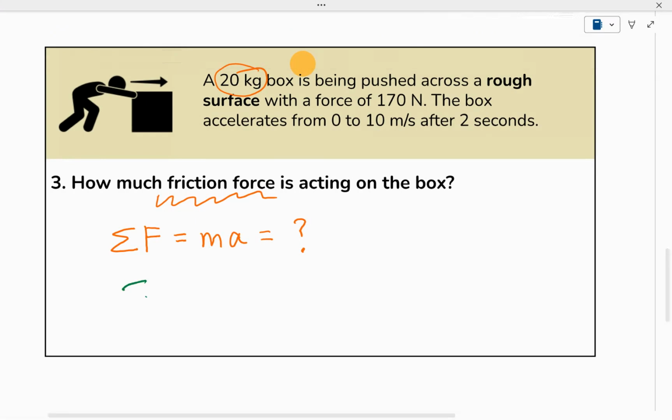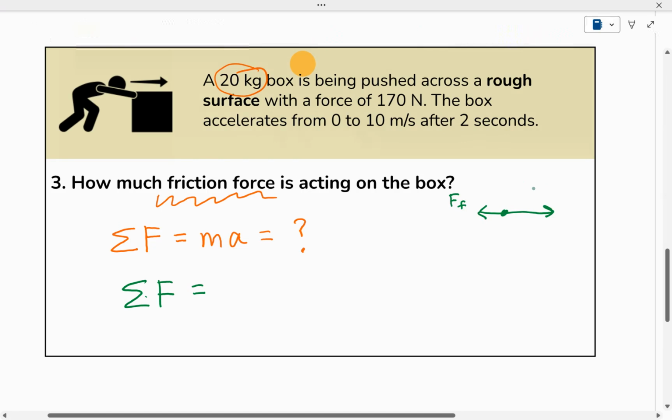The second part is understanding that the net force is going to be the combination of those two forces going side to side. Remember, there was the friction force and the normal force. We're trying to find out what this friction force is. So we would need to use the 170, and we would need to use whatever this number is.